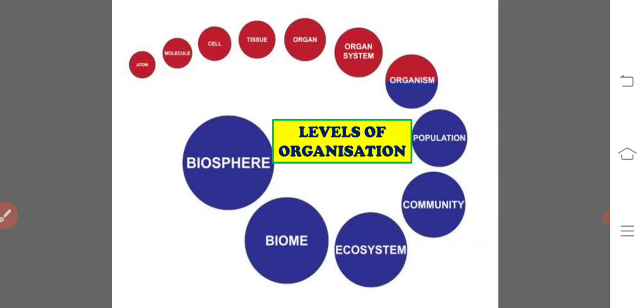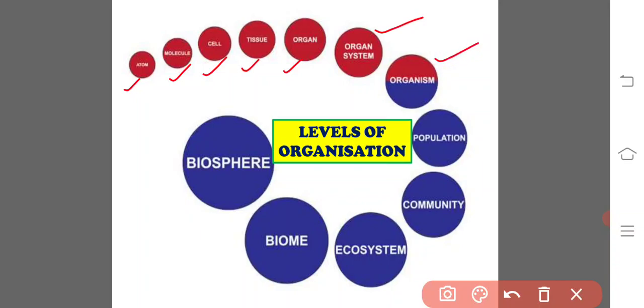And coming to the levels of organization. Here let us start with the atom, followed by molecule, cell, tissue, organ level, organ system level, organism level, population, community, ecosystem, biome, and the biosphere.